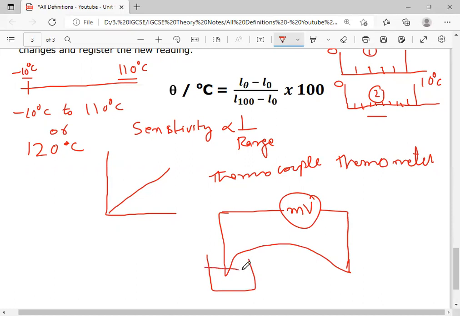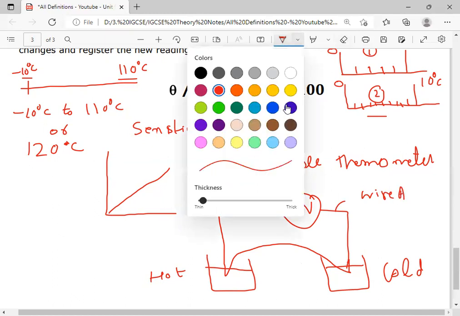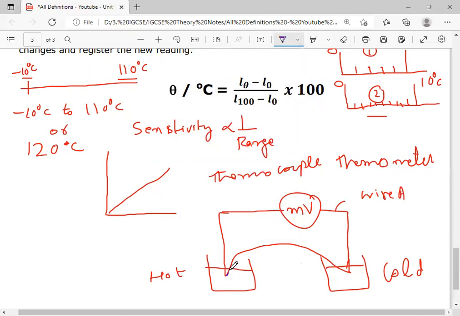This will be the hot junction, this will be the cold junction, and one very important thing that you have to label: this is wire A, and if I make it purple, then it will be more clear that this will be wire B. In this way you can draw the diagram of the thermocouple thermometer.